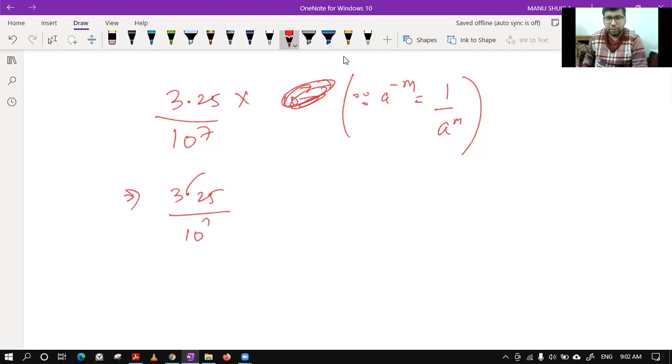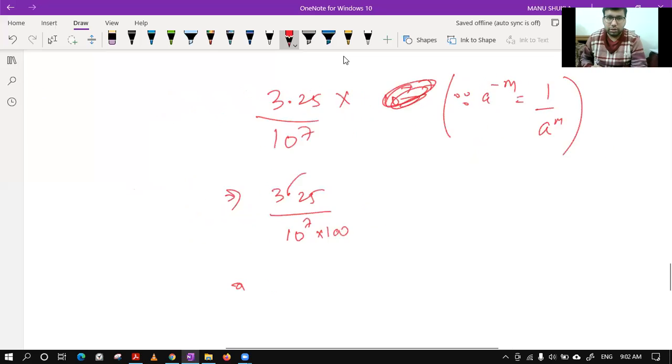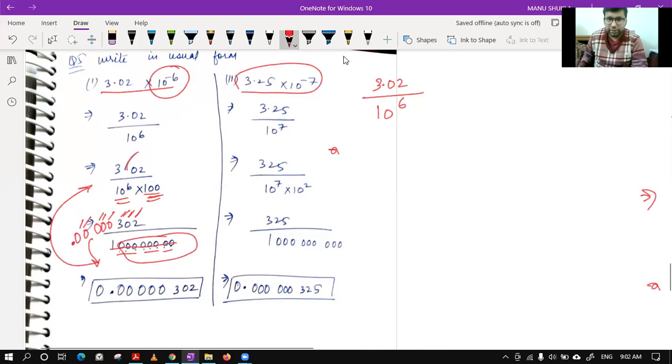It becomes 10 power 7 into 100. That means there are actually 9 zeros now, and when you solve it, you will get the answer like this: 3, 3, 3, 9 zeros. And again, if you count these 9 zeros: 1, 2, 3, 4, 5, 6, 7, 8, 9, and decimal. That's it. That was the way to write the number in usual form.